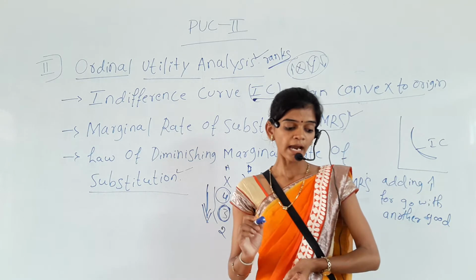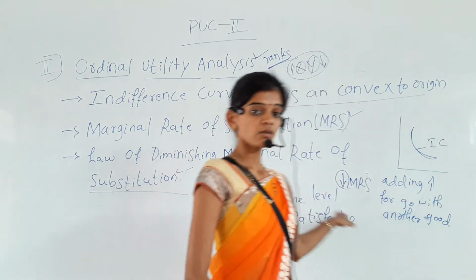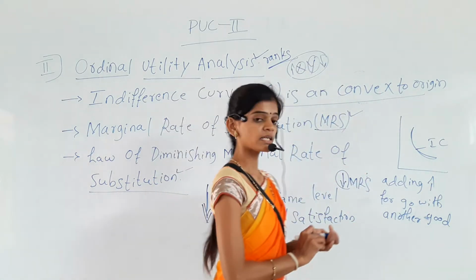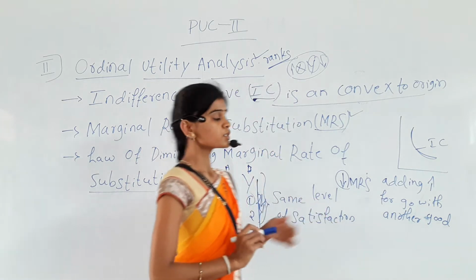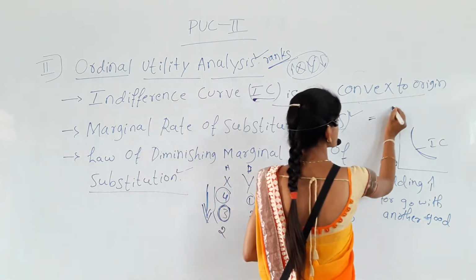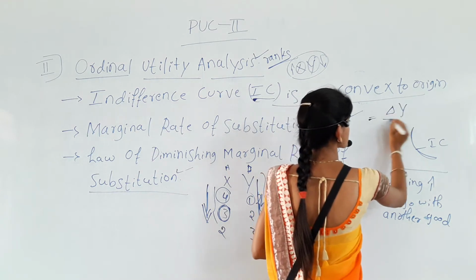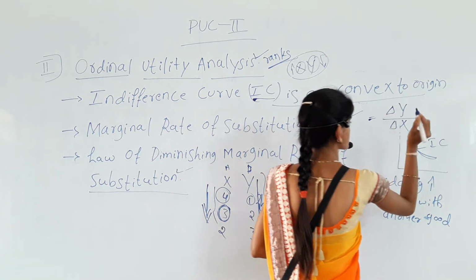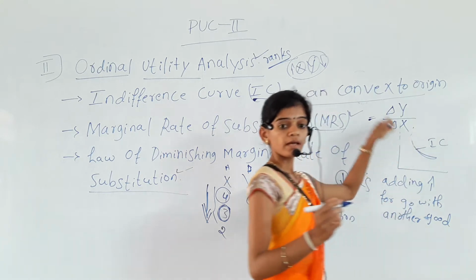quantity of additional goods. Increase in the quantity of additional goods, that is called the MRS. Algebraically we denote MRS as change in y divided by change in x, the change in the y commodity divided by the change in the x commodity.